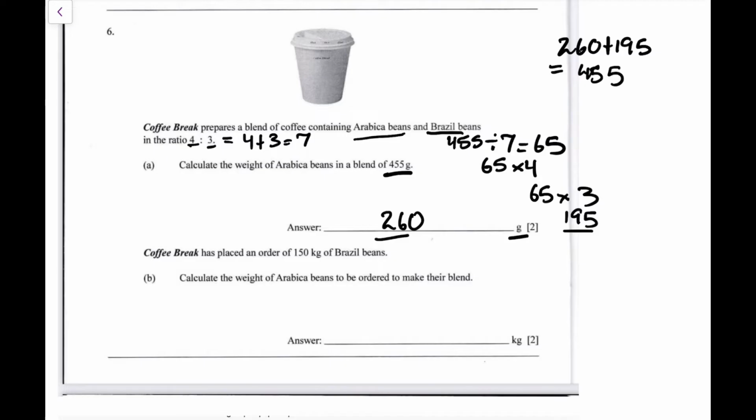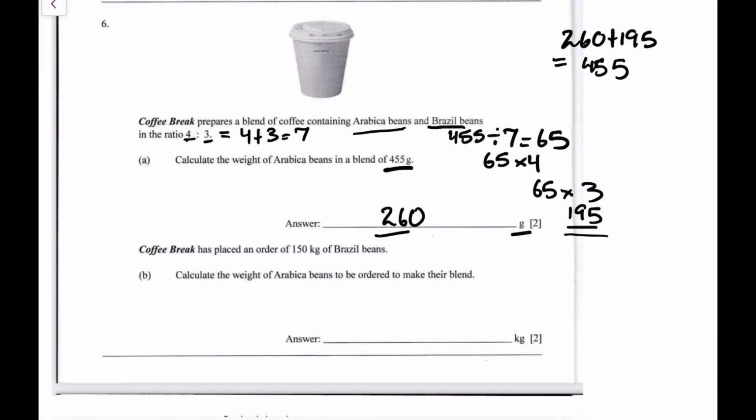Okay, so it says Coffee Break has placed an order of 150 kilograms of Brazil beans. Calculate the weight of Arabica beans to be ordered to make their blend. So the Coffee Break now needs 150 kilograms of Brazil beans, and at first we said that they had 195.